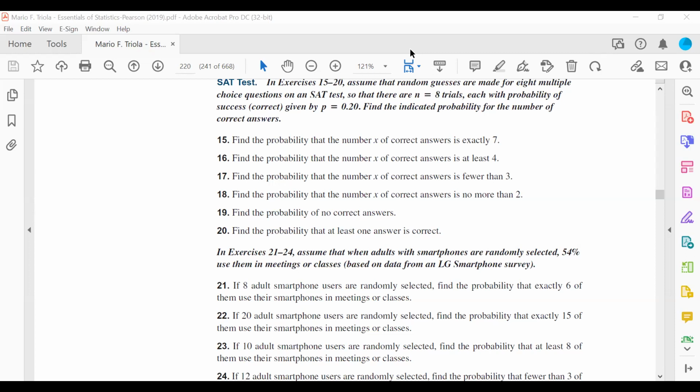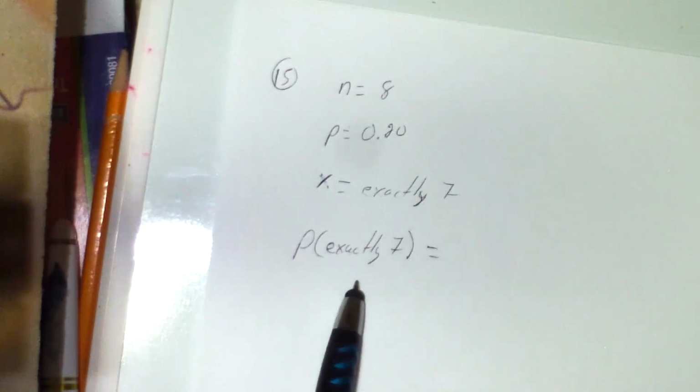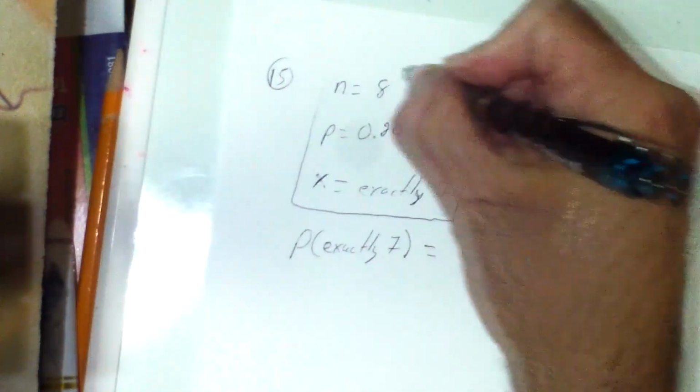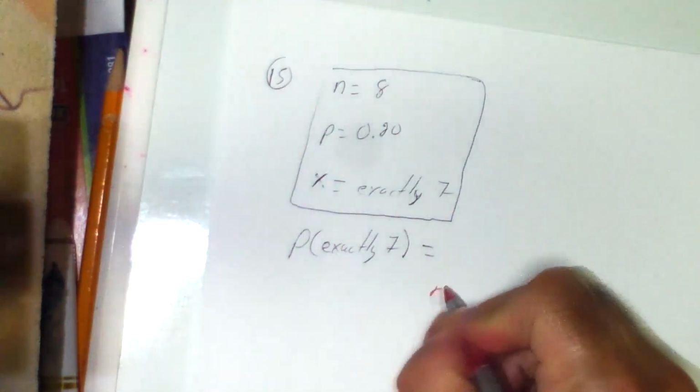I'm writing P, parenthesis, exactly 7, and closing the parenthesis. This is how you write a probability: capital P, parentheses, exactly 7. And now I'm going to enter these values in StatDisk, and I'm going to round this number to 3 places.